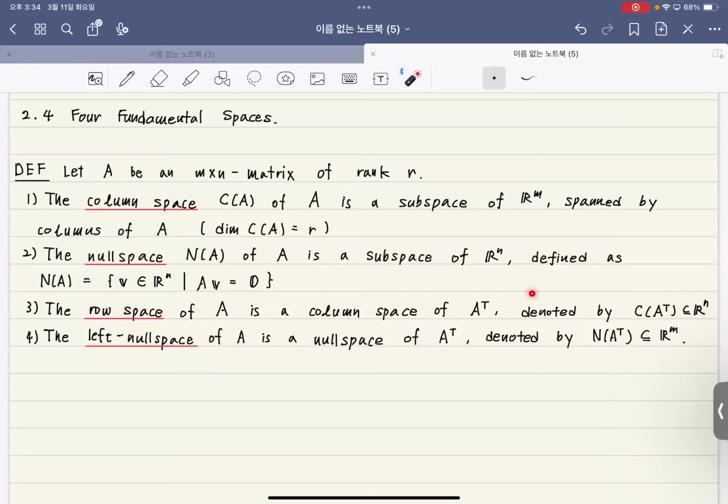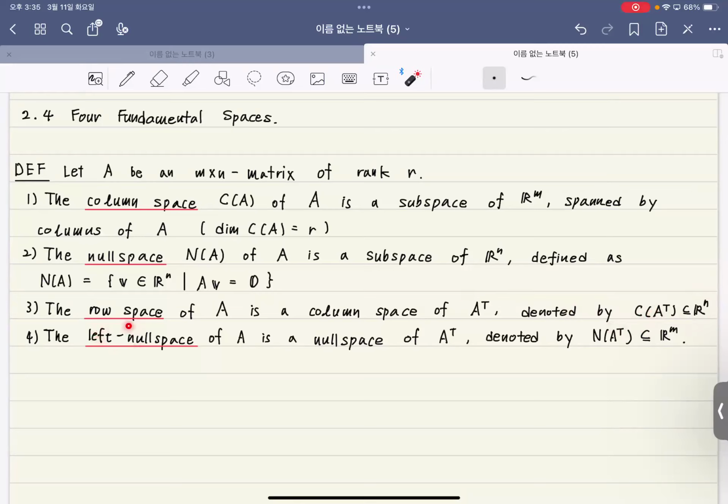The row space is denoted by the column space C(A transpose), and clearly this is a subspace of R^n. I really want to write it as R(A), but at the same time I want to respect the notation of Professor Strang. So I rather call it C(A^T). Okay, so this is the row space.